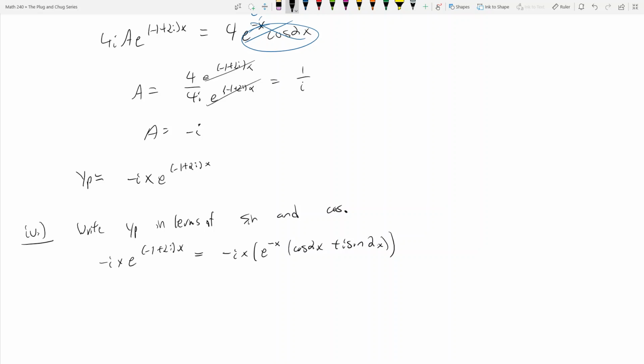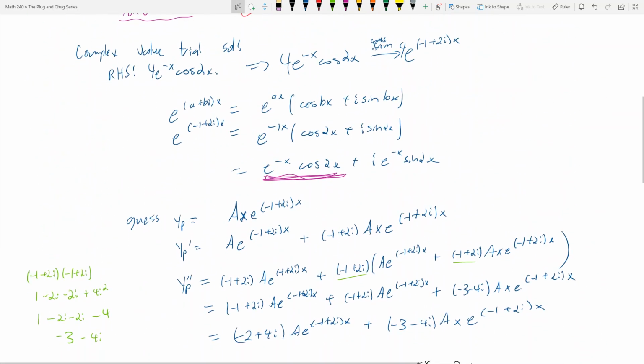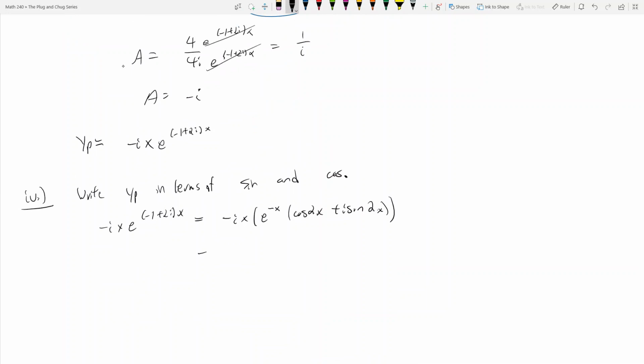Okay, so we rewrote this out again because we now need to express e to the negative 1 plus 2ix as sines and cosines, right? And now I just multiply this out, and what do I get? I get negative ix e to the negative x cosine 2x, and then here I get minus i squared, but that's actually plus 1.